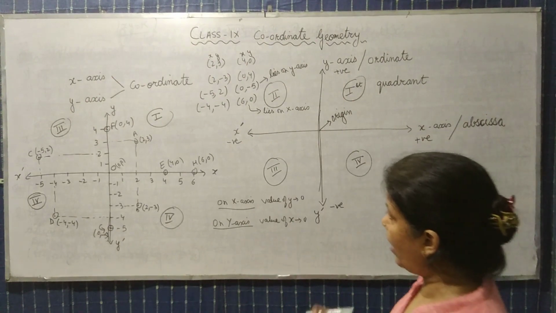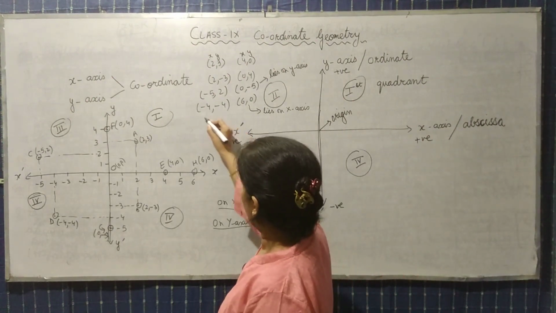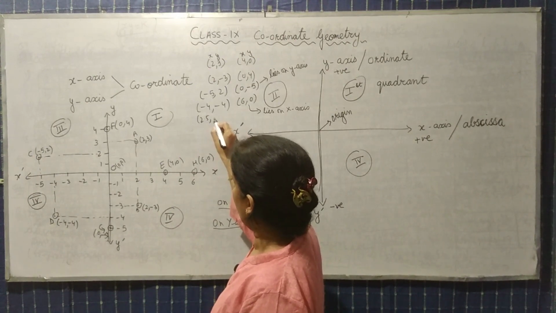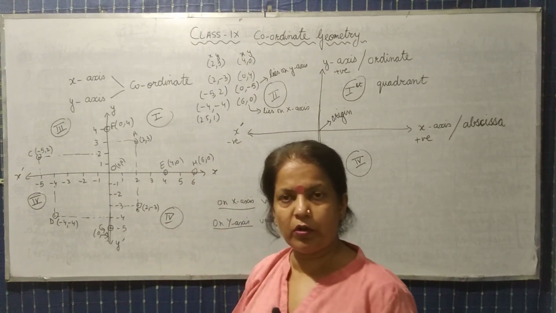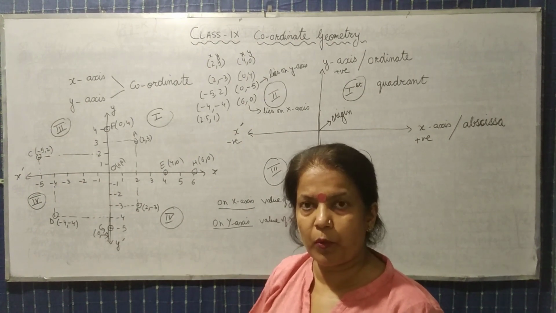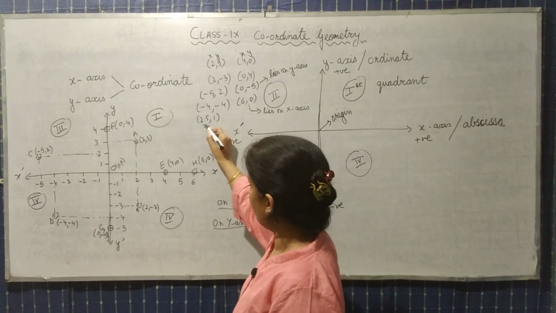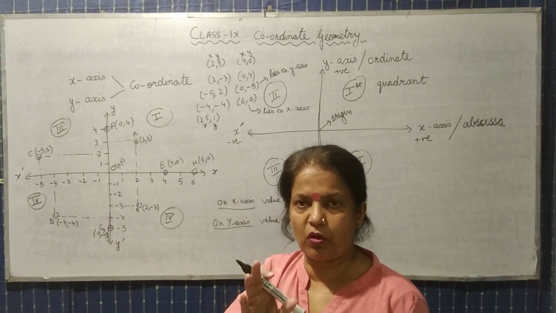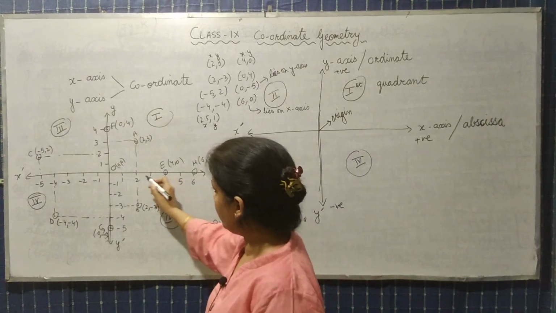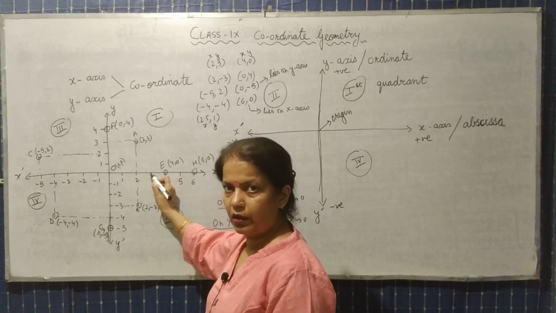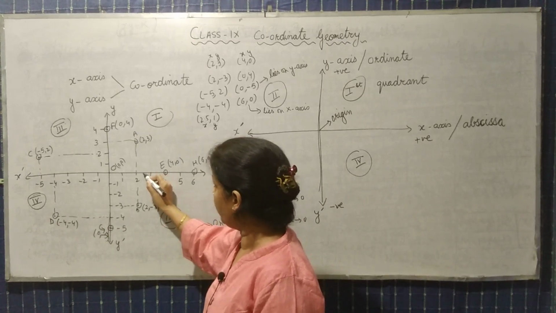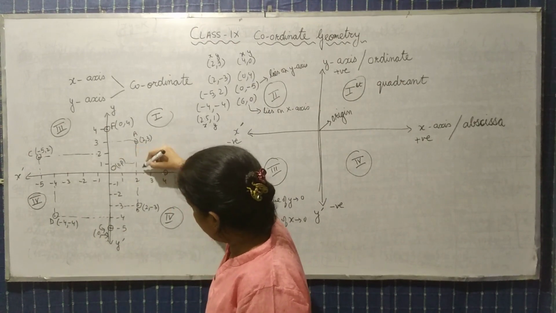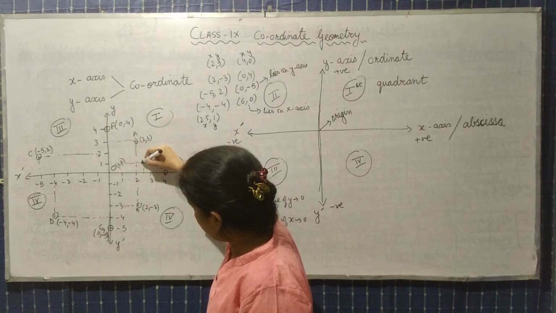Like this, you can plot any value. अगर मान लीजिए आपके पास ये वैल्यू है, let it be 2.5 and 1. So how will you plot 2.5 and 1? 2.5 is x value and 1 is of y value. Always the first value is of x. So 2.5, 2 और 3 के बीच में आएगा. So x value is 2.5 and y is 1. तो ये y ये हो गया and यहाँ से cross कीजिए.